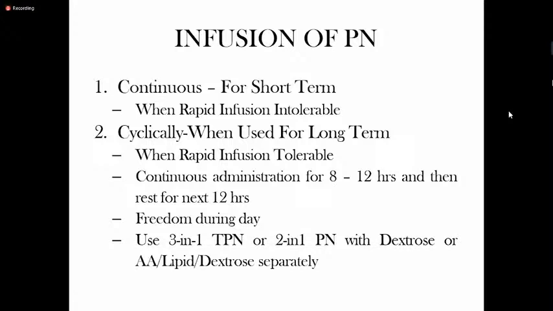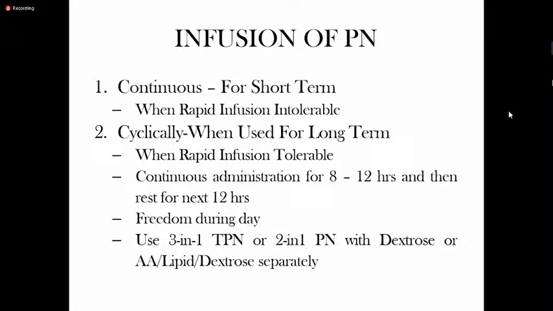Continuous infusion is for short term, and this is when rapid infusion is intolerable. When it is cyclic, we use it for long term, and this is when rapid infusion is tolerable. Continuous administration occurs for 8 to 12 hours, and then we give patients rest for 12 hours and freedom during the day.